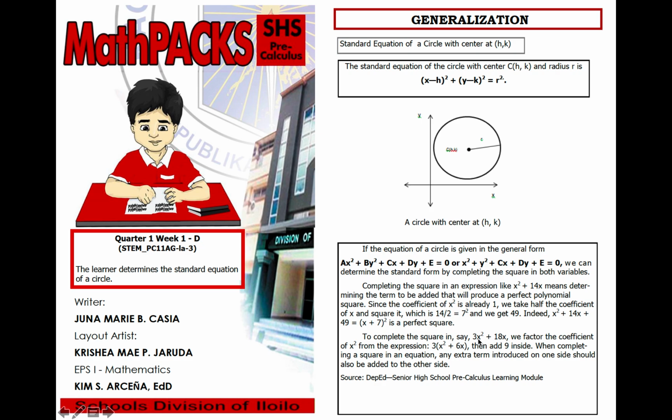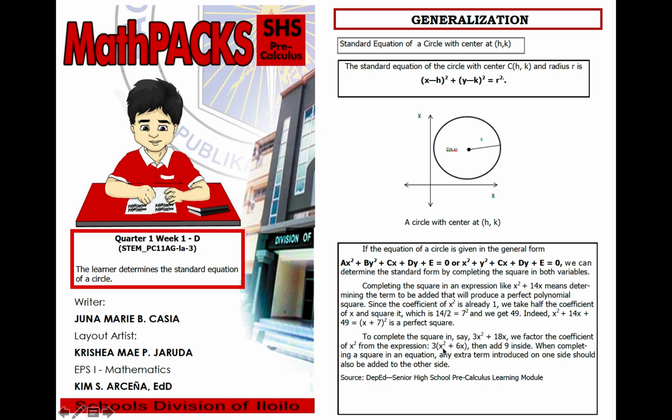How about this one? Let's say you have such an equation. If this is already in general form, you would encounter expressions like this. So how would you make this a perfect square binomial like these two here? Factor the coefficient of x squared from the expression. There is a common monomial factor, which is 3.